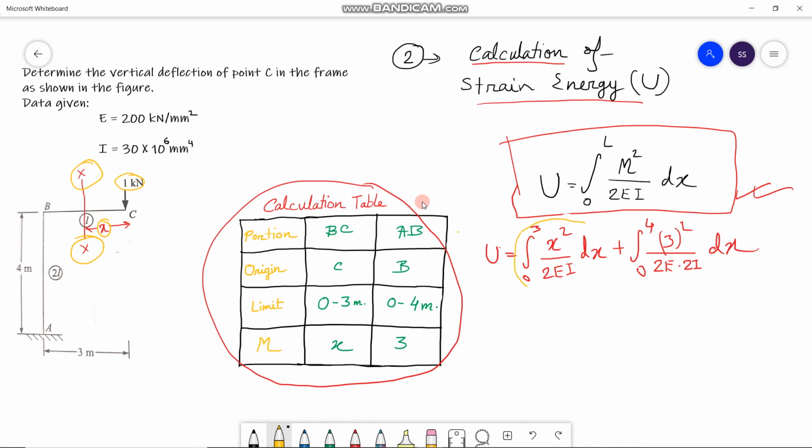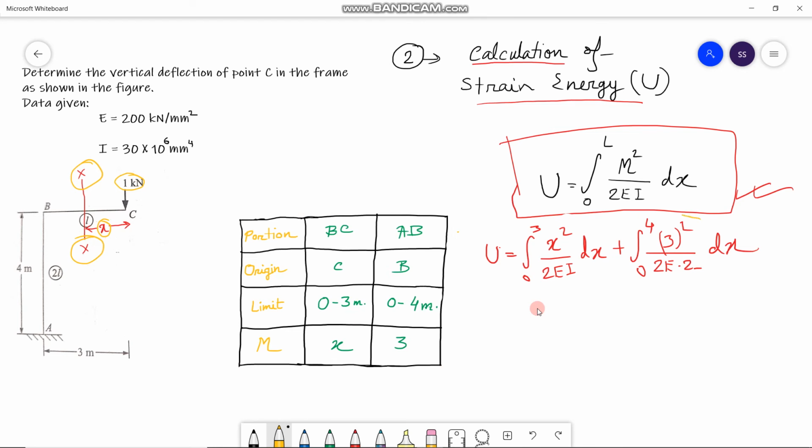This portion of the calculation deals with the calculation of strain energy for the member BC, and this portion deals with the calculation of strain energy for the portion AB, whereas moment for the portion BC is x and moment for the portion AB is 3, and we get these values from this calculation table.